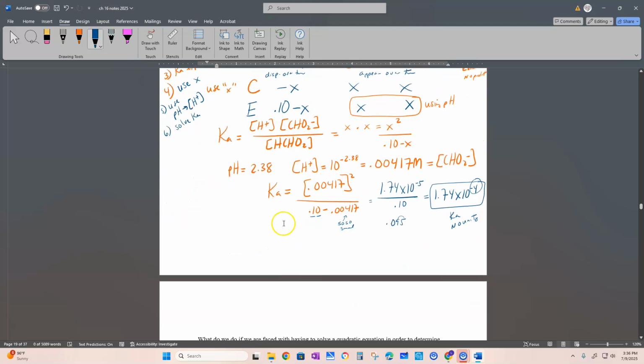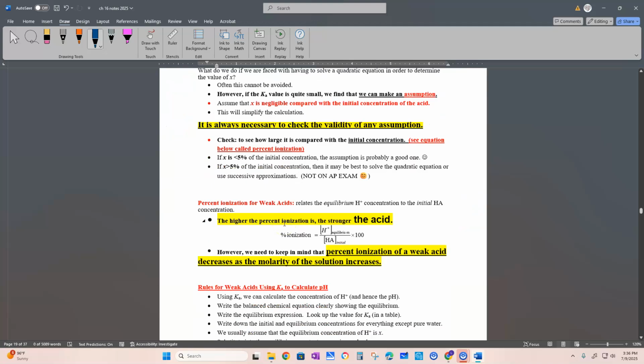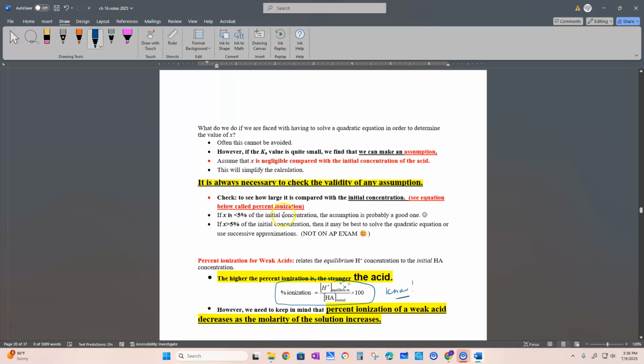Okay, so here's the rules. Percent of ionization, before I get to this part, the higher the percentage, the stronger the acid. So what you do is you have this equation. Now notice it's not in pink, so you got to know this equation. You take the H of equilibrium, which most of the time is our X, divide by the initial acid times 100. So let's do that up here.